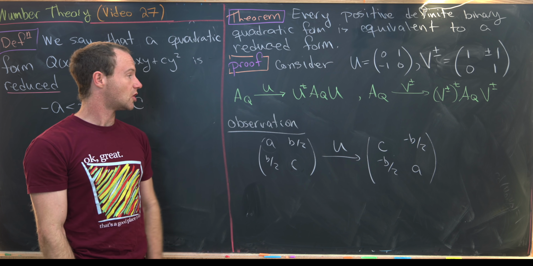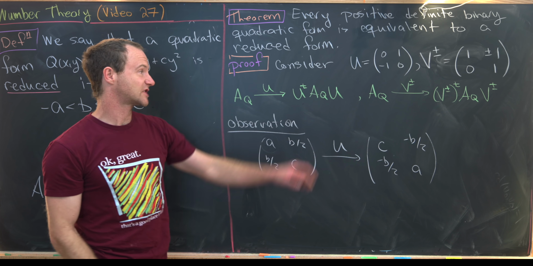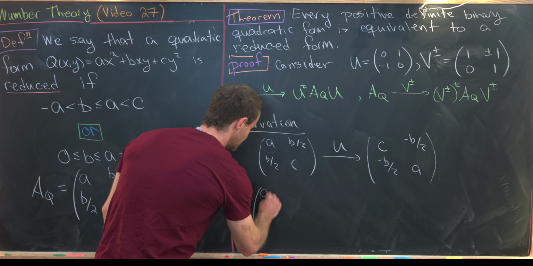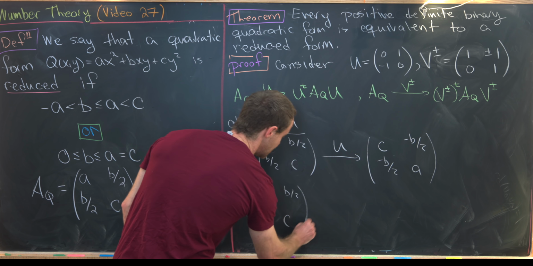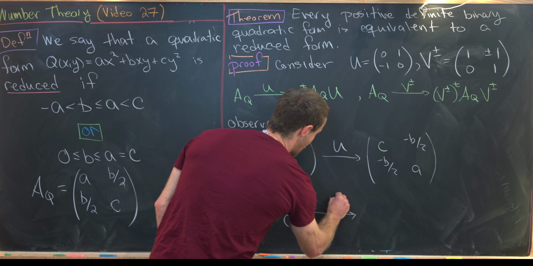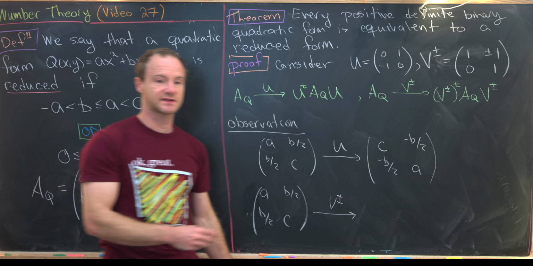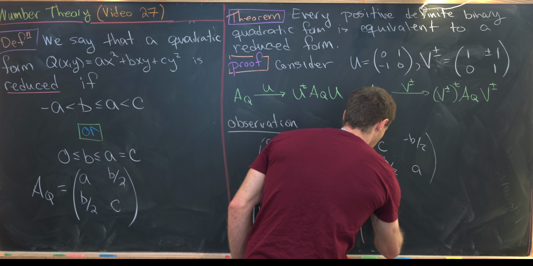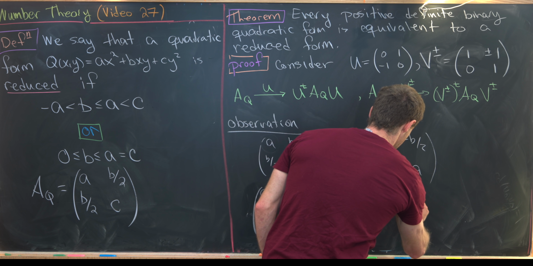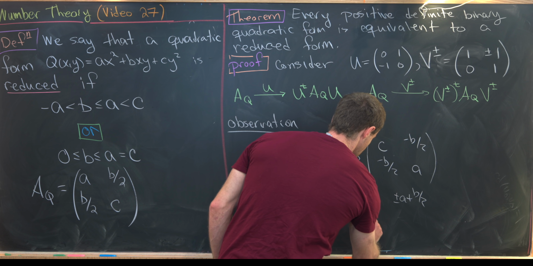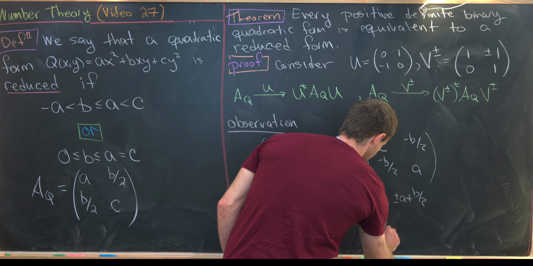So now let's also notice the action of V plus minus. We'll have A, B halves, B halves, C, acted on by V plus minus, which will give us A, and then plus minus A plus B over 2, plus minus A plus B over 2.